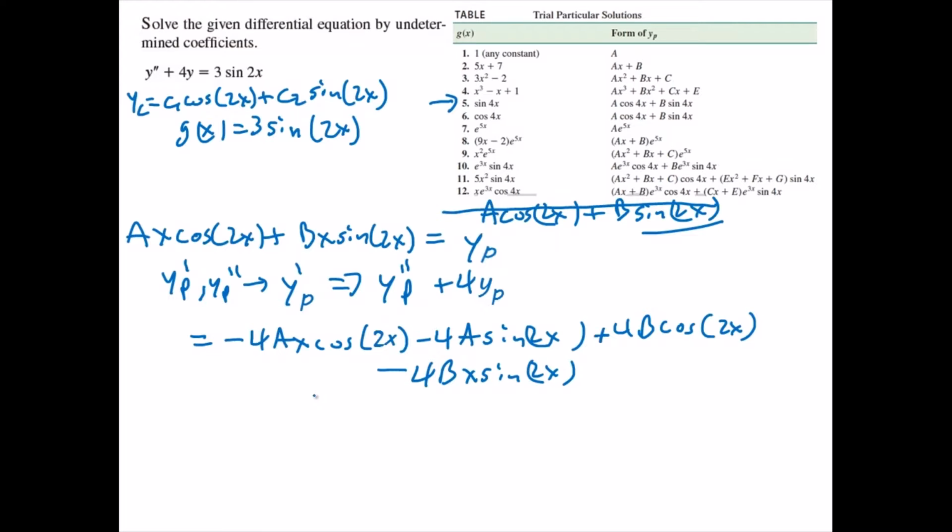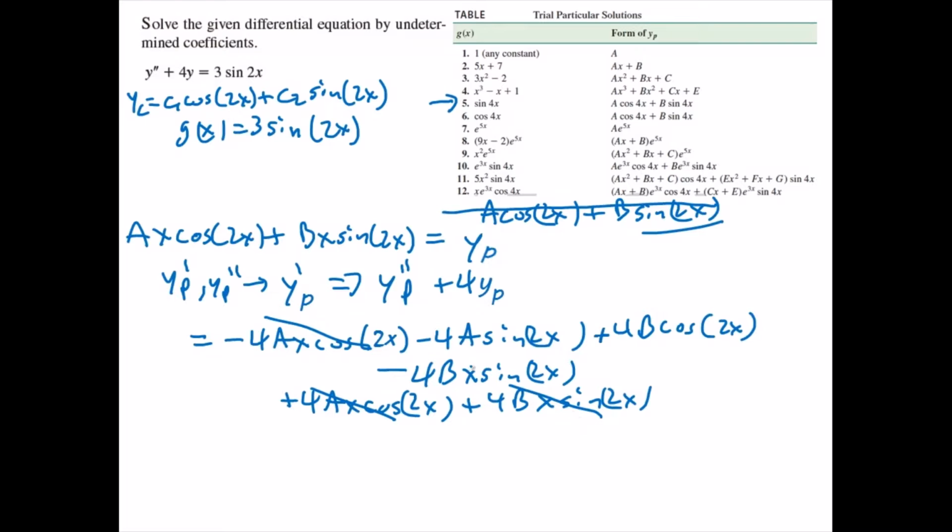And then when we add 4 times the particular solution, we'll add 4 times ax times the cosine of 2x plus 4 times bx times the sine of 2x. And the 4ax times the cosine of 2x terms will cancel.